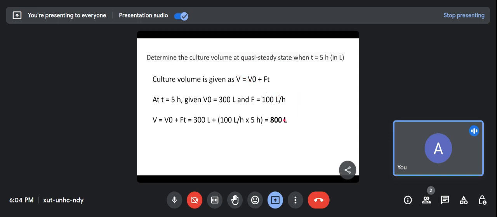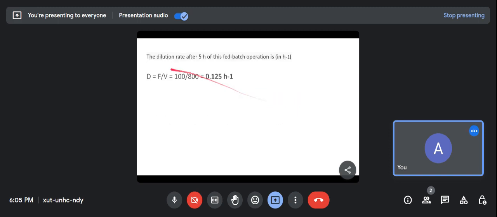Flow rate is given in liters per hour, so you don't have to do any conversion here. You know the flow rate is 100 and the final volume is 800. If you divide that, you will get the answer of 0.125 per hour. So that is the dilution rate.